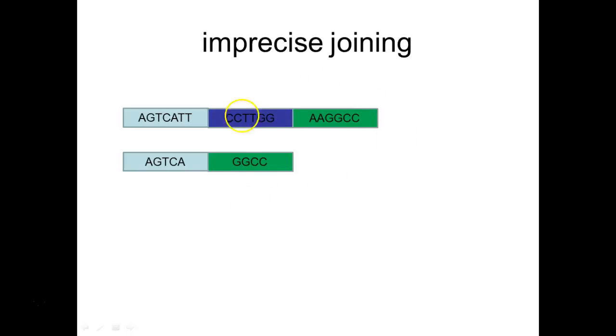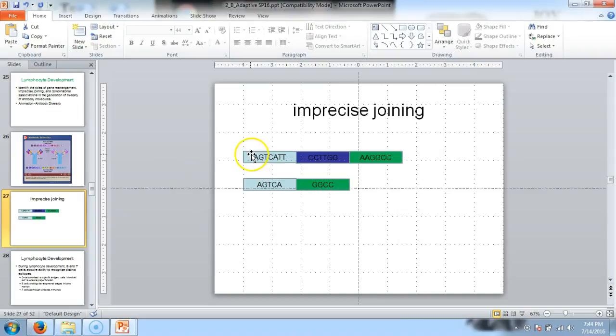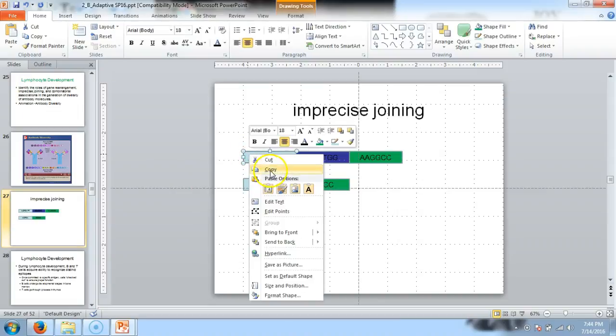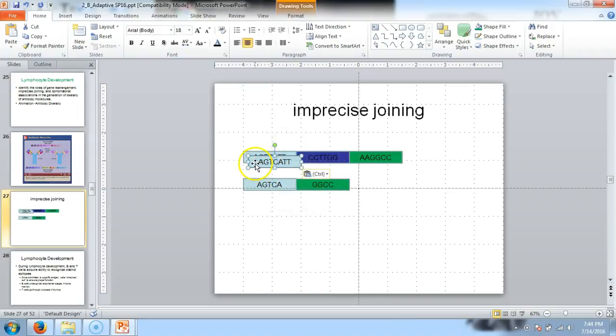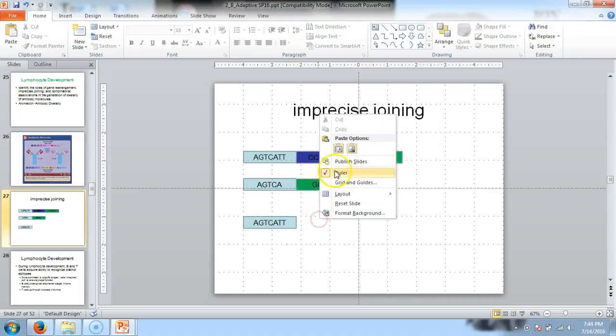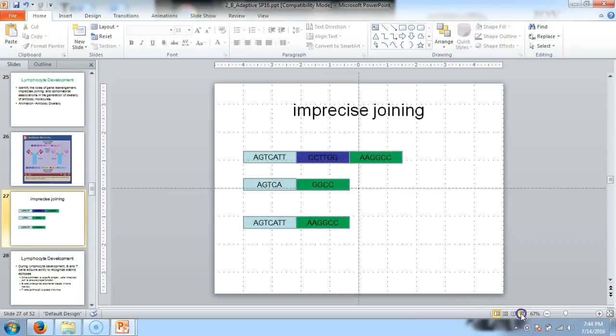So you could do this same segment, another B cell could pick these two segments, but maybe take the whole segment. Right?